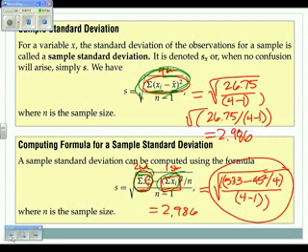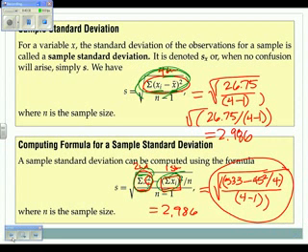So if you have a data set of 4 values, it's not going to be much different in computing these columns. But if you had 1,000 data values, I would much rather do this formula because I only have to add up the data values themselves and square the data values and then add that.